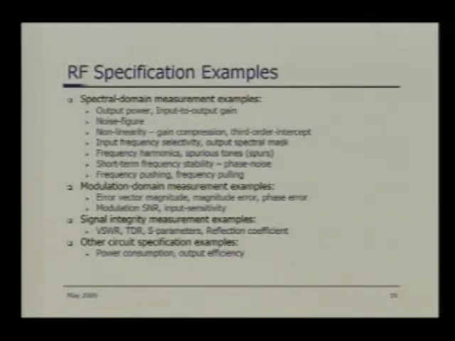Next one is frequency pushing, also frequency pulling. These two also apply for the oscillator or synthesizer kind of scenario. Frequency pushing means that if you vary the VCC value of the IC, ideally the 1.5 gigahertz, which is the expected frequency coming out, should not move around.